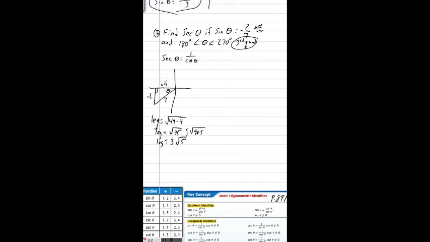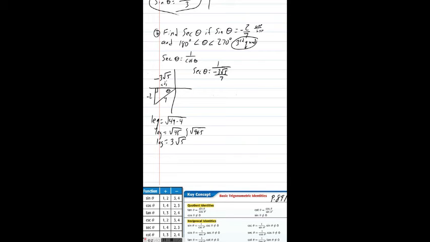So adjacent is negative 3 times the square root of 5, because we're on the negative x-axis. Cosine is adjacent over hypotenuse, so secant of theta is equal to 1 over negative 3 times the square root of 5 over 7.